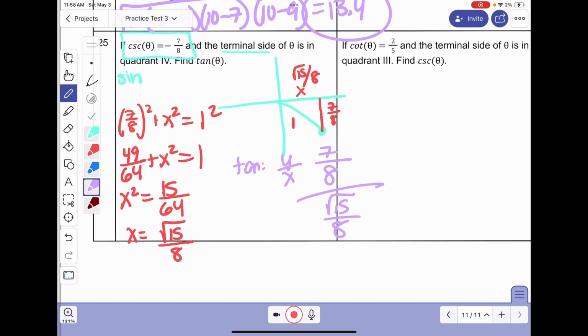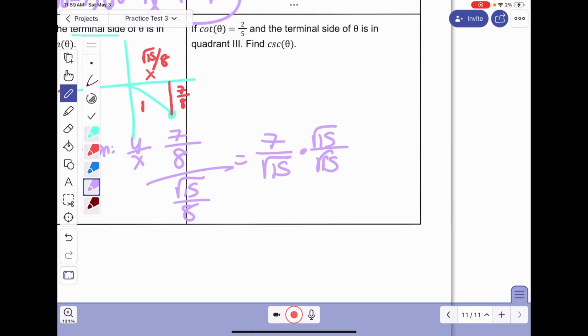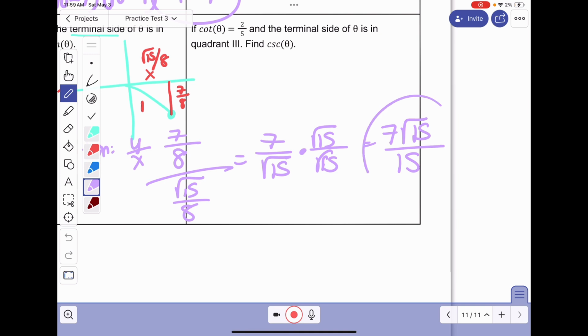The 8s are going to cancel, so we get 7 over root 15. And then multiply by root 15 over root 15, and we get 7 root 15 over 15. And it's negative because this is negative.